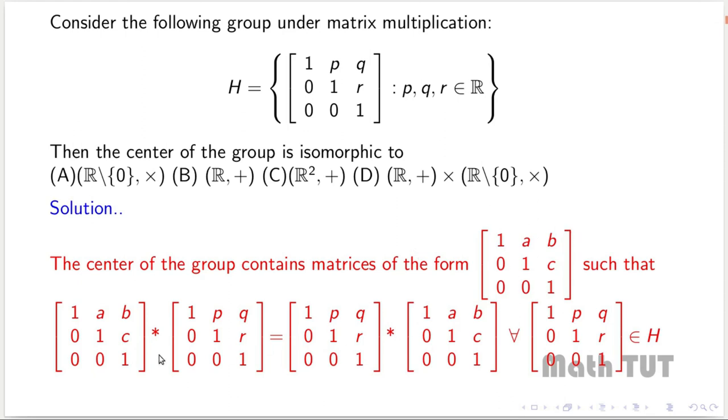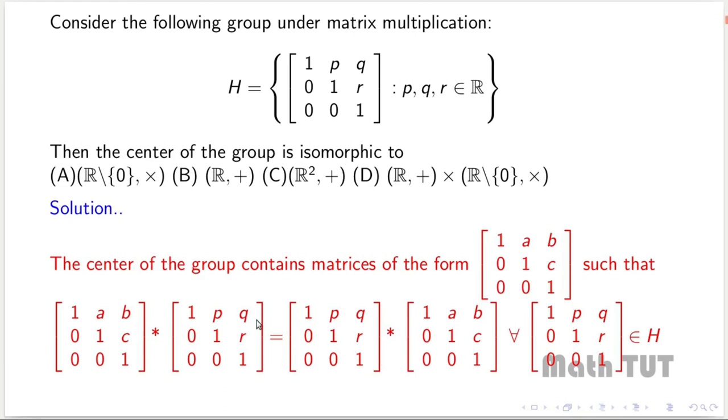If I multiply the first row with the second column here, I'll get 1 into p plus a times 1. And on the right hand side of this equality, the first row into the second column gives 1 times a plus p times 1.